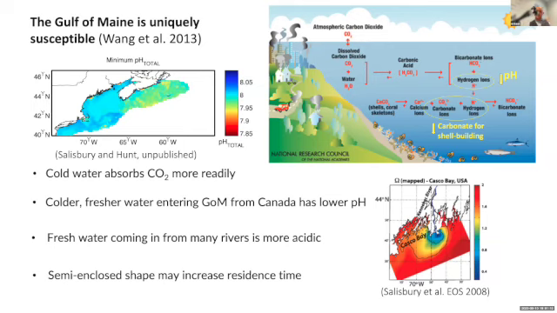And Maine is uniquely vulnerable to ocean acidification because of our cold water, both within the Gulf of Maine and because of the cold fresh water that's coming into the Gulf of Maine from the Labrador Current to the north. And the semi-enclosed structure of the Gulf of Maine makes it act almost like its own little sea. So the residence time of water here is usually longer than in other places in the ocean, increasing the impact of ocean acidification.